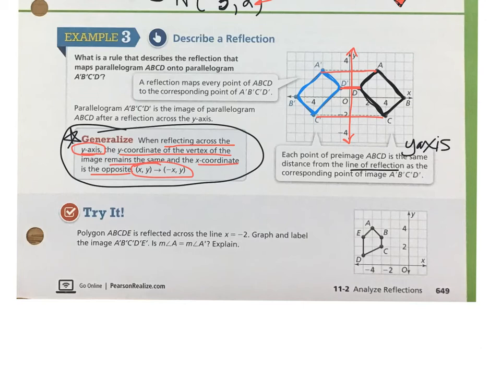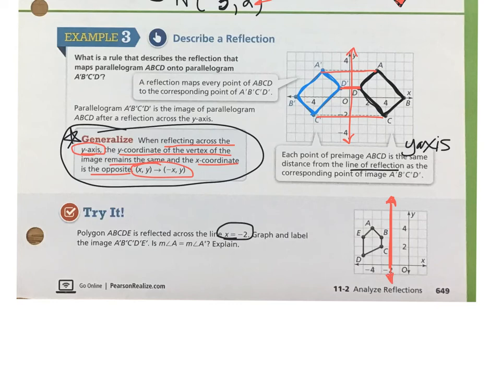Now let's take a look at the triad. Polygon ABCDE is reflected across the line x equals -2. Well, if x equals -2, then that means no matter what the y number is, the x number is always -2. And that creates a vertical line that looks like this.